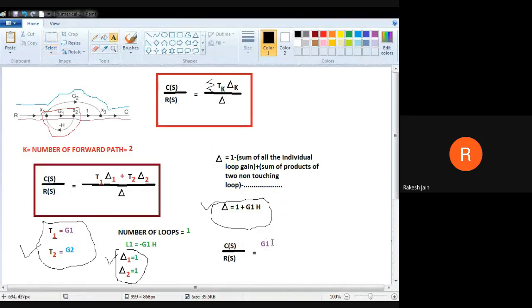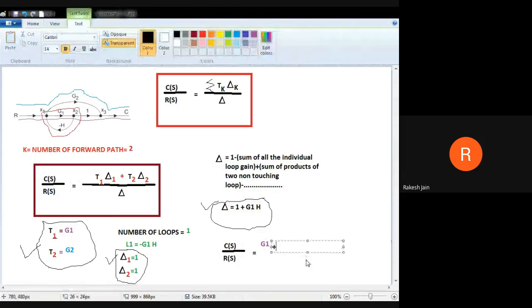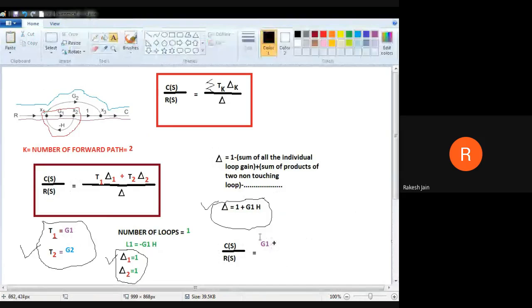T1 is G1, del 1, but del 1 is 1, so there is no need to write it, because G1 multiplied by 1 is equal to G1 also. Then T2 is G2, and del 2 is 1, divided by del, and del is what? 1 plus G1H. Okay, so this is completed, and this numerical is ended.